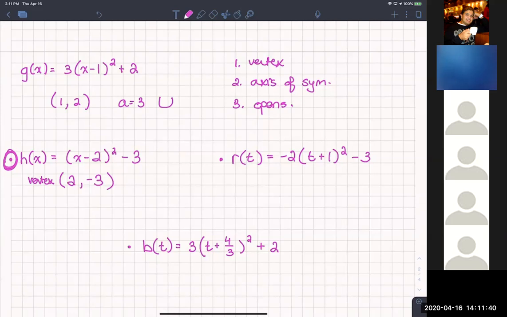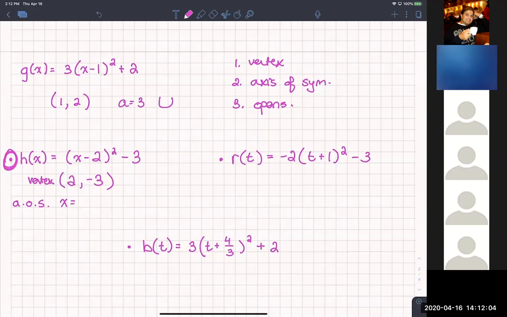What is my axis of symmetry? Remember, the axis of symmetry is x equals h, the x coordinate. So the axis of symmetry would be x equals what? What is h here?